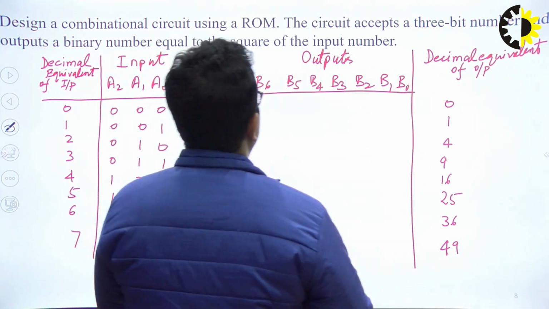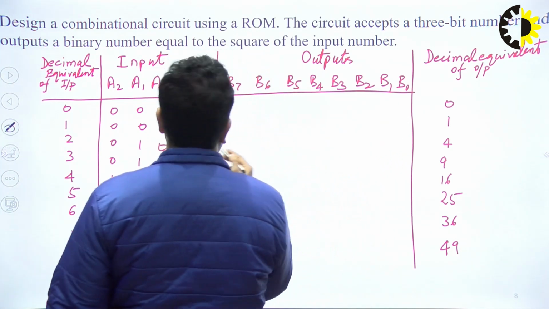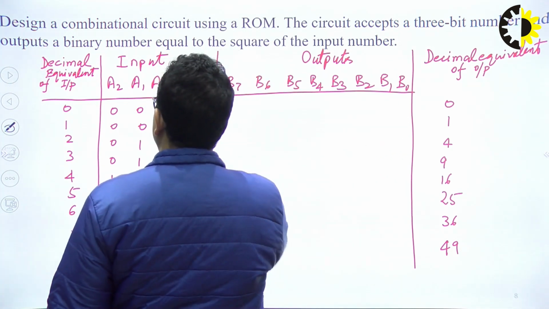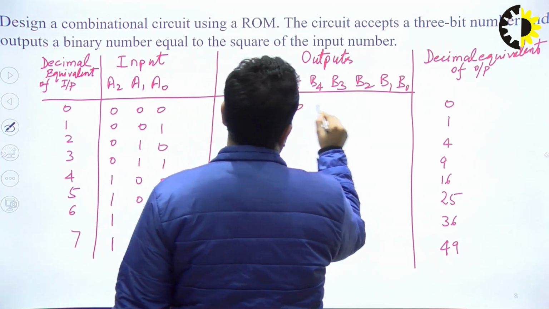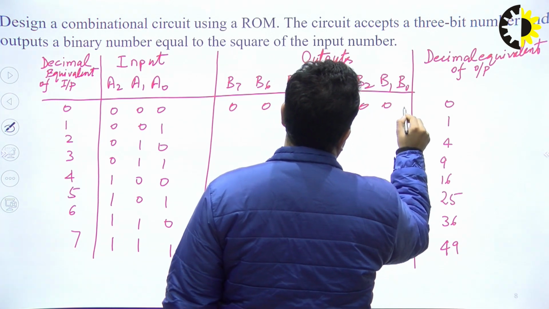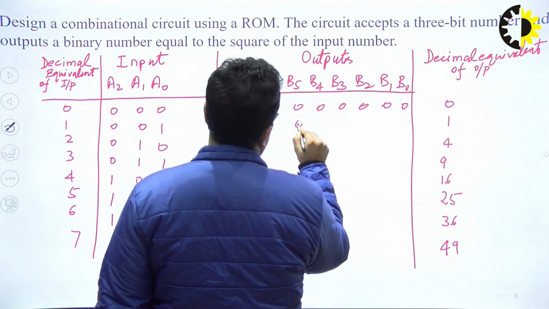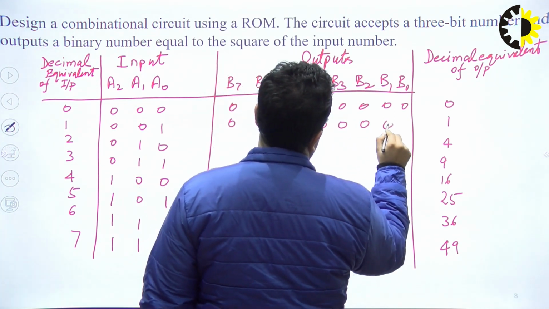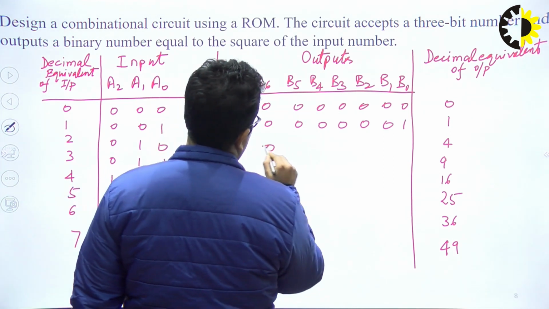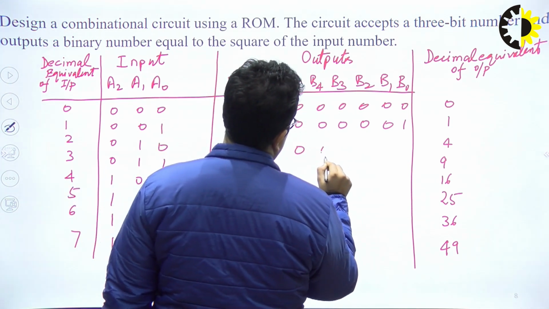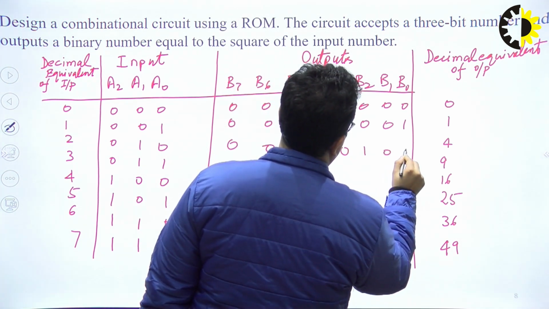We have these combinations, and we have to write the equivalent binary values. So for 0 we write 0 0 0 0 0 0 0 0. For 1 it will be 0 0 0 0 0 0 0 1. For 4 it will be 0 0 0 0 0 1 0 0.